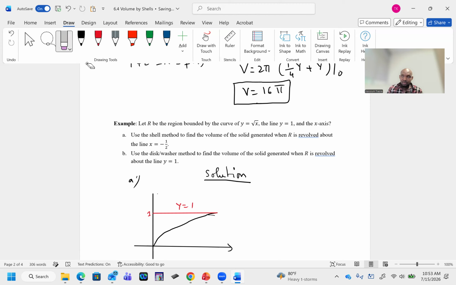Using the shell method, we must imagine taking slices parallel to the y-axis. Parallel to the y-axis, right?